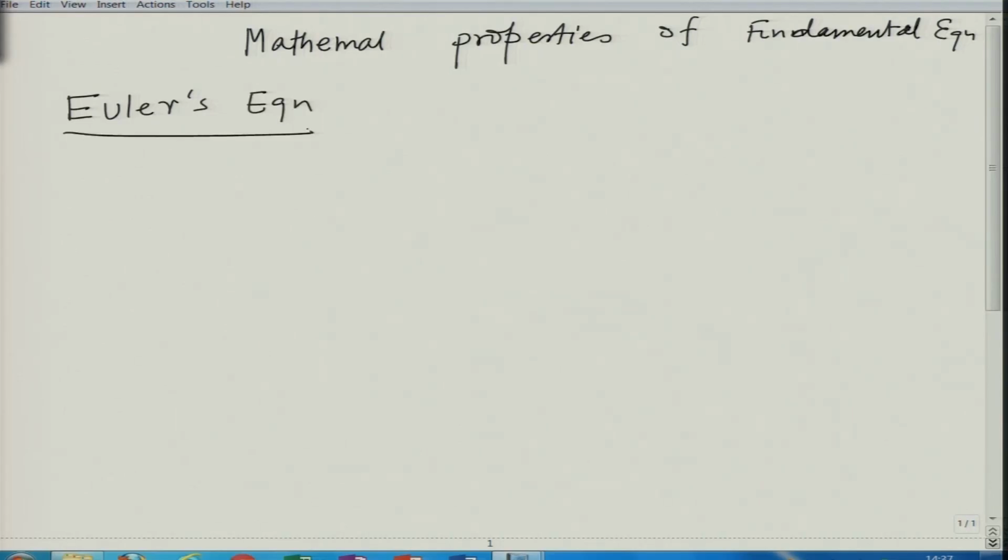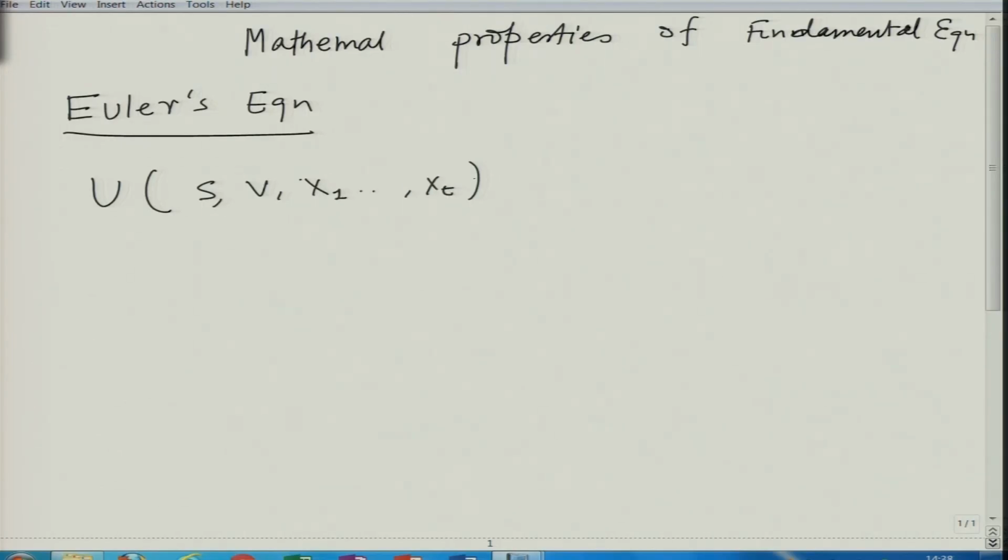Okay. So, we will look into the thermodynamic function or the potential, which is usually a function of S, V and some other variables. So, we are considering all these variables are extensive.